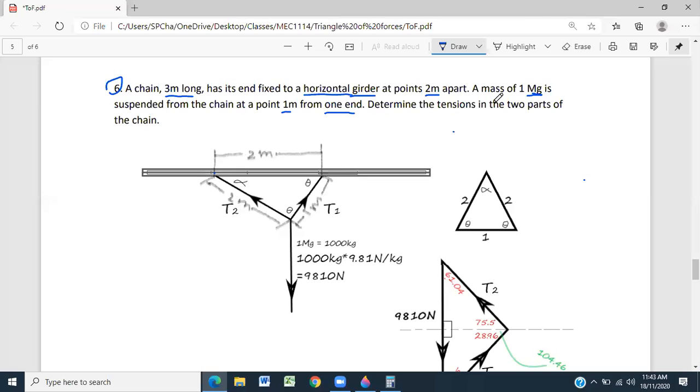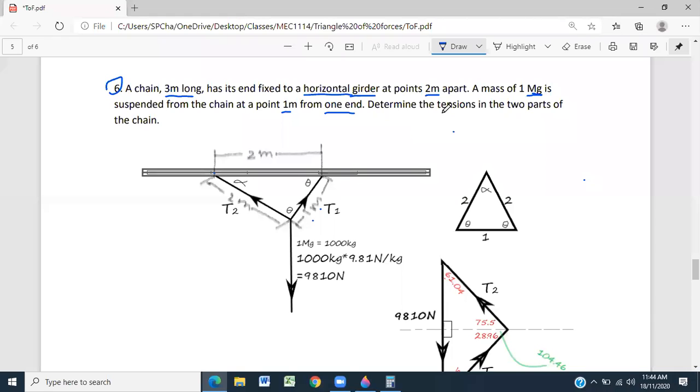And then we hang a mass of 1 megagram, suspended from the chain at a point 1 meter from one end. So 1 meter from that one end, we hang a mass. Therefore, the length of this other end should be 2 meters. So keep that in mind.